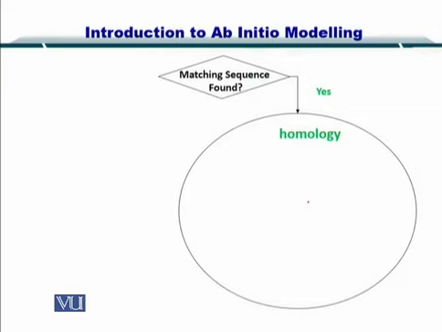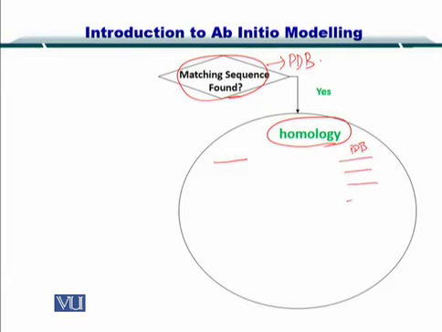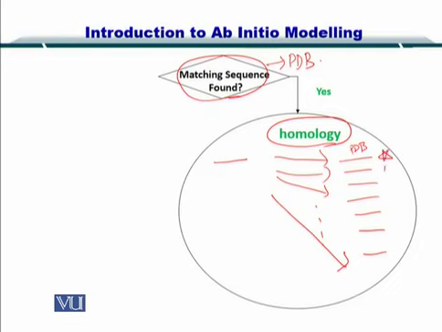As we discussed earlier, if you found a matching sequence in the PDB, then you're happy doing homology modeling. You had your sequence, you went to the PDB, and you looked at all the homologous sequences and their structures, and then you predicted the structure for your own sequence.